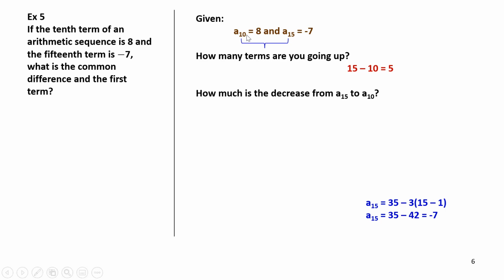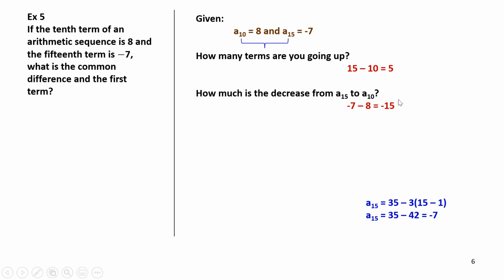So when I went from the 10th term to the 15th term, I went from 8 down to negative 7. Now the easiest way to figure that out is to take negative 7 and subtract 8. Negative 7 minus 8 equals negative 15.